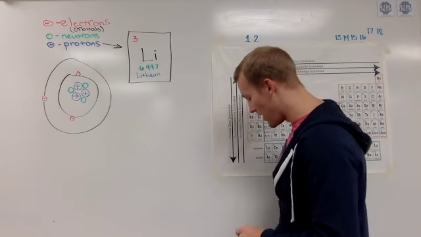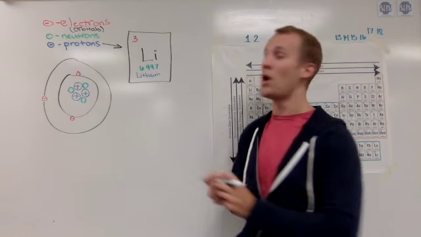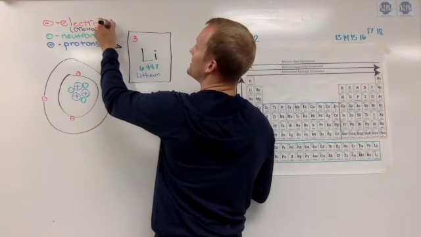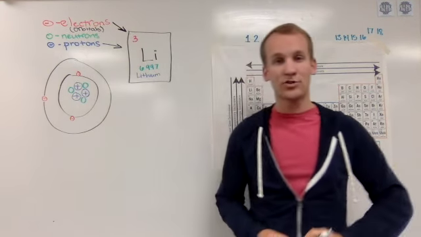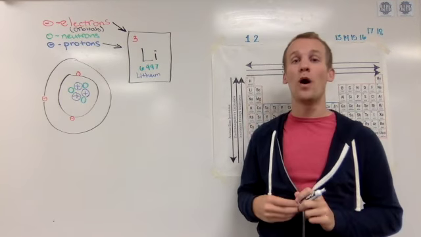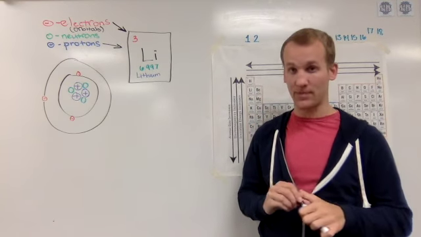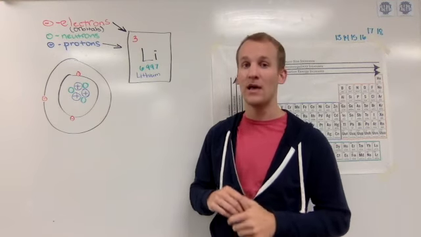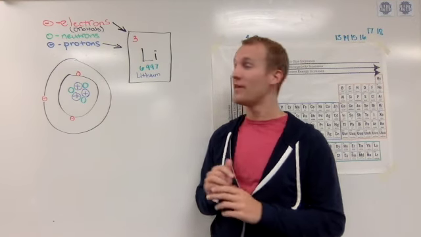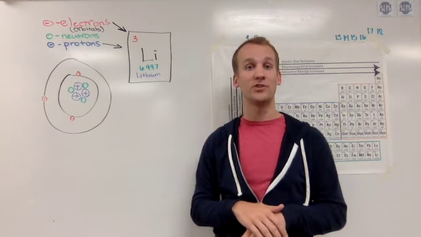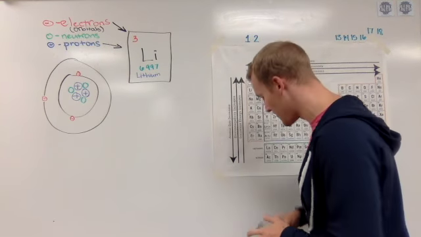Now, what is also helpful is that that atomic number is also going to dictate your number of electrons if you are a neutral atom, okay? If you are a neutral atom. If you are not a neutral atom, then that number of electrons is going to change, and we'll get to that in a brief moment.